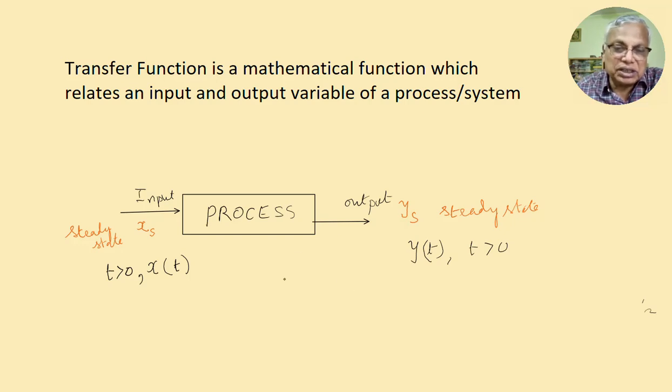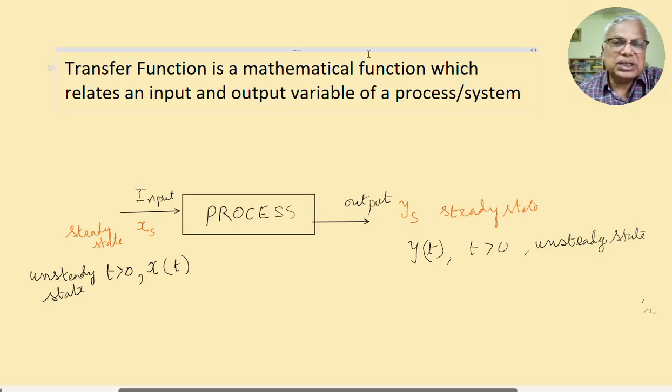After t greater than 0, it is unsteady state, that is, the variables are changing. T less than 0 indicates steady state.